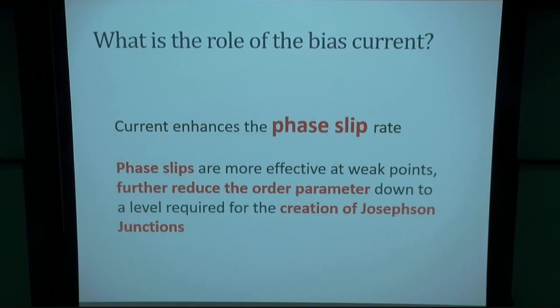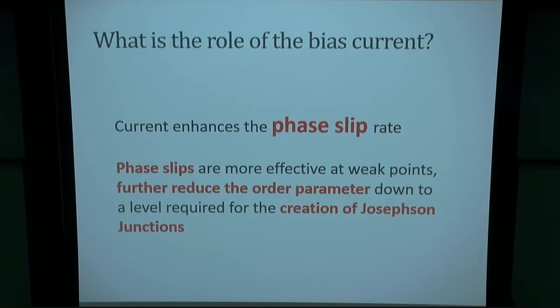This is just an illustration, but what I want to discuss now is what is the role of the bias current. And I think that the answer is simple, and it nicely follows Alessandro's talk. I believe this is a result of phase slips in the system. Phase slips are enhanced dramatically by the current itself.